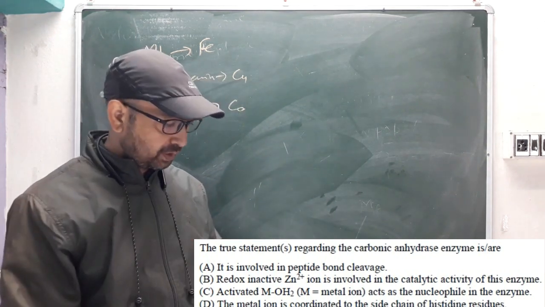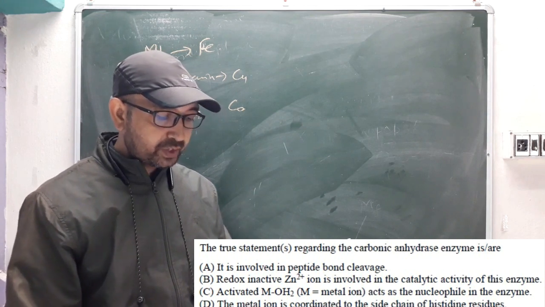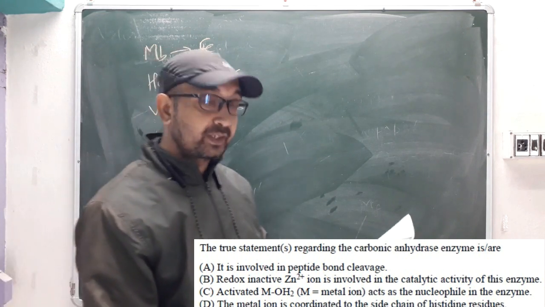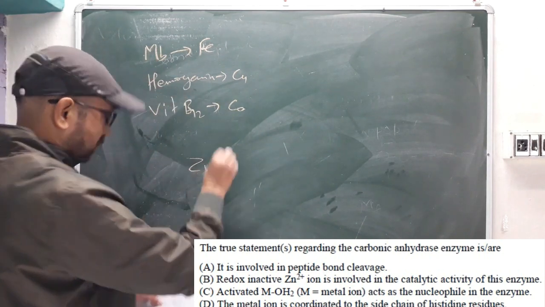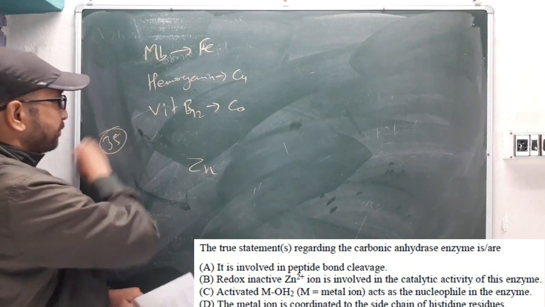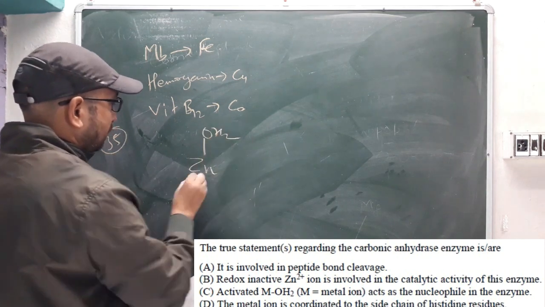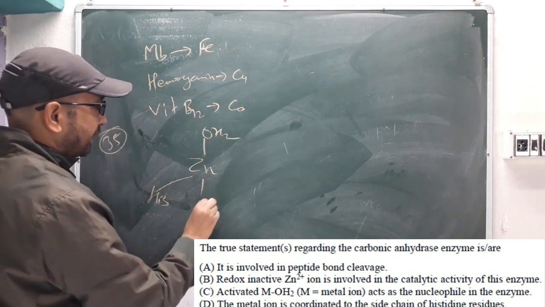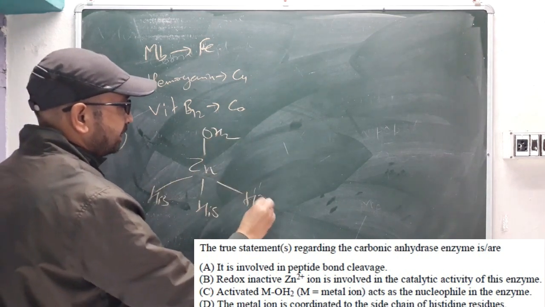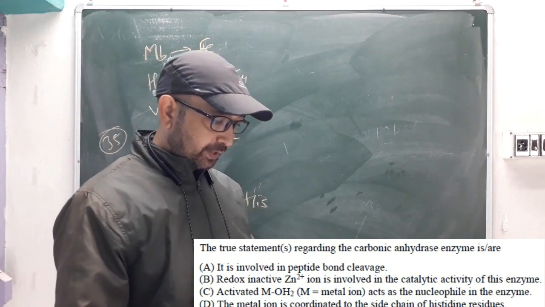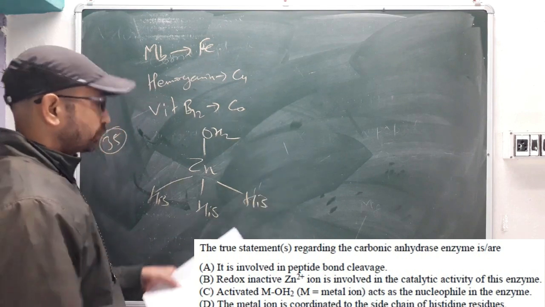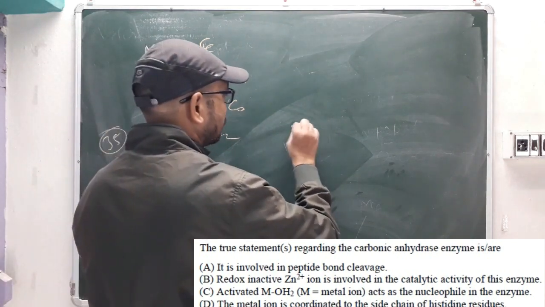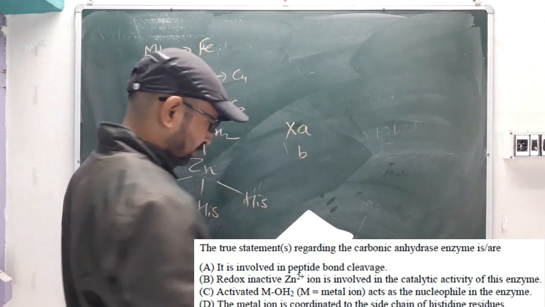Question number 35 says: the true statement regarding the carbonic anhydrase enzyme. In carbonic anhydrase we have OH2 and histidine, histidine and then histidine. Option A says it is involved in peptide bond cleavage. Carbonic anhydrase won't be involved in peptide bond cleavage, so option A is wrong. What about option B?